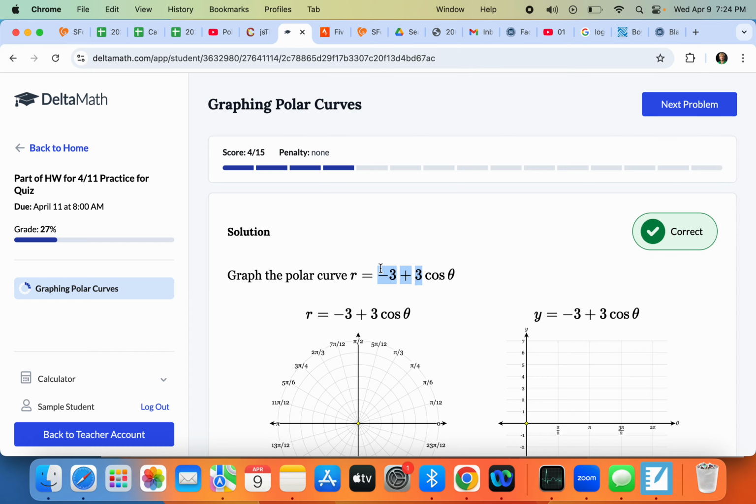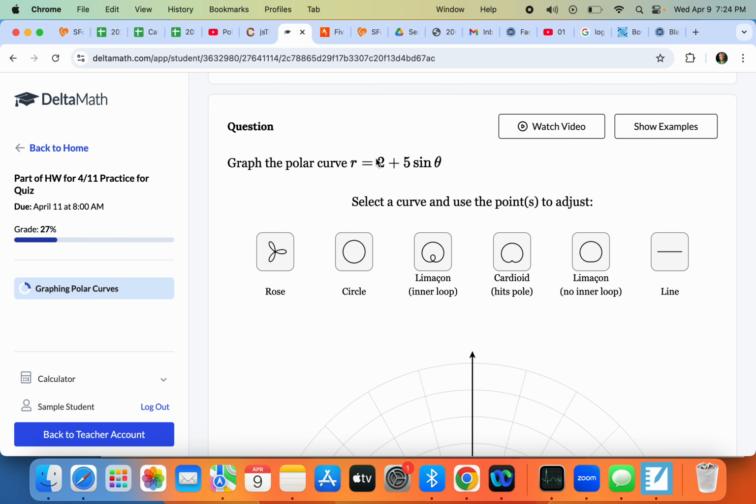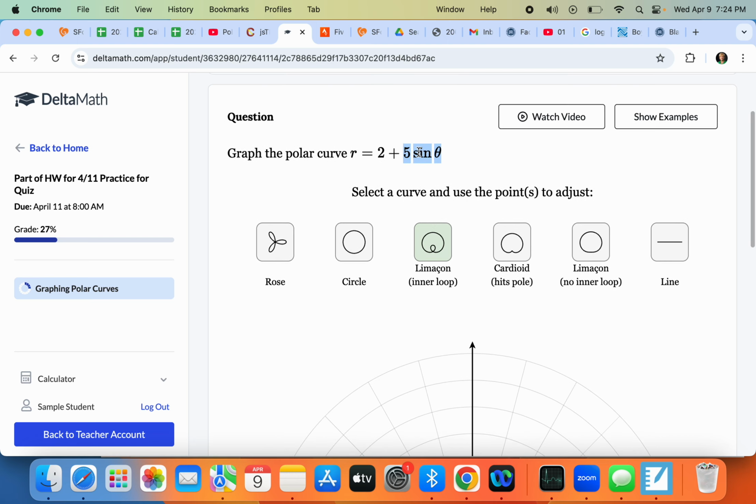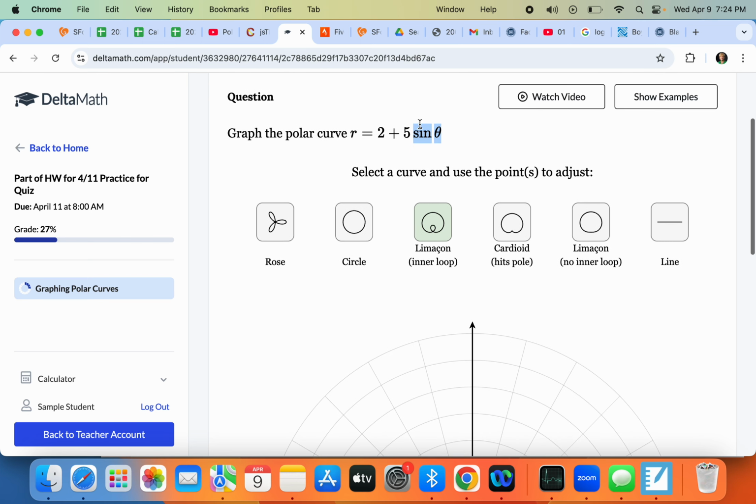So if the numbers are the same, like this, you get a cardioid. All right, so now these numbers are not the same, and since the inside number's bigger, it will dent in like this, the limaçon. Sine is like y, so it's going to go up. Now it's going to go up at pi over 2. The sine of pi over 2 is 1.